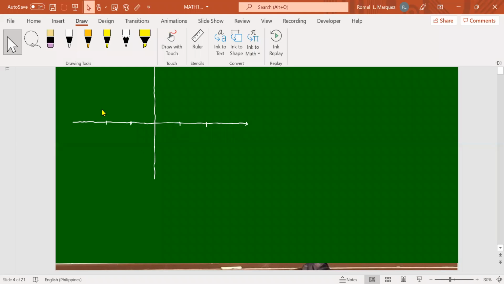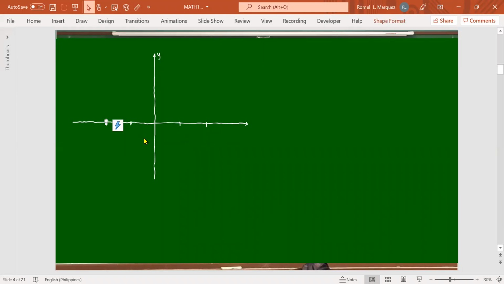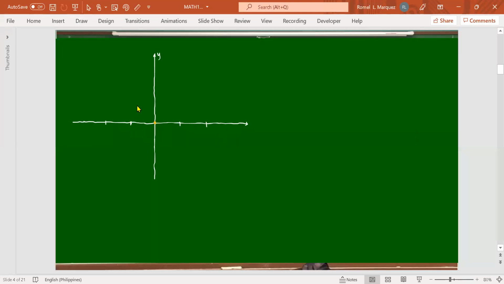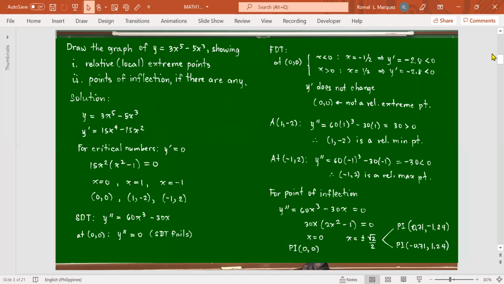Or adjust a little. 0, 0 is here. 1, negative 2, no?